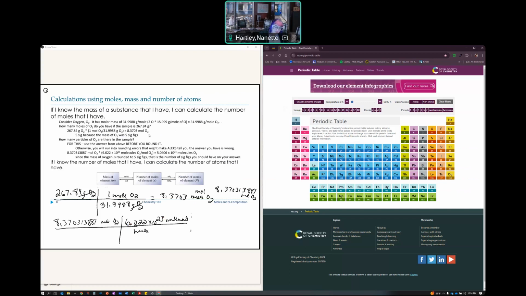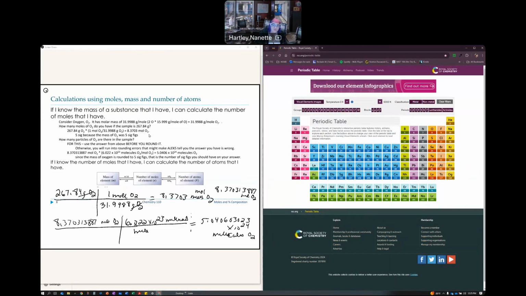And that is equal to 5.040603028 times 10 to the 24 molecules of O2.